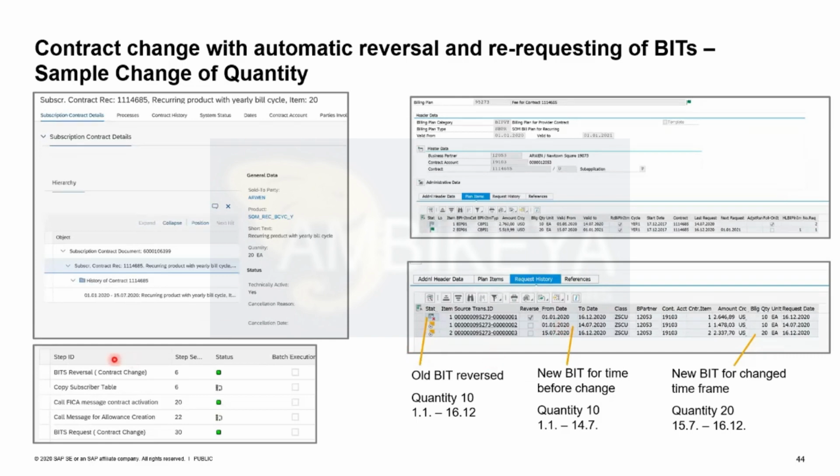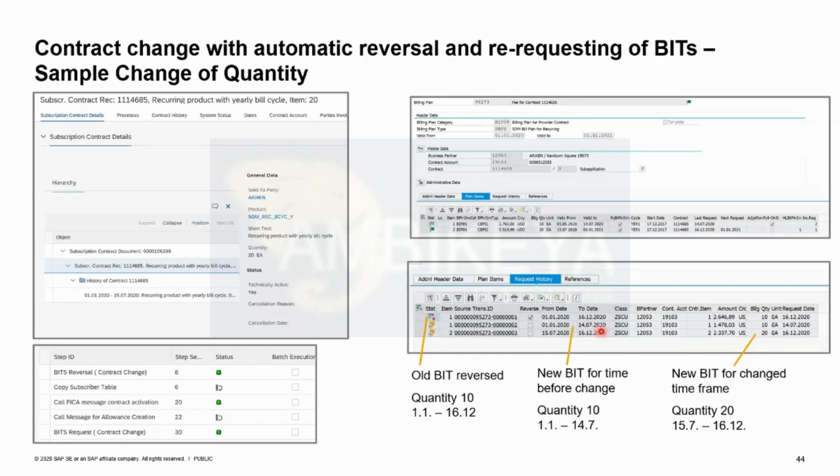How it works: when a change is requested on a contract, the old bill plan item will be delimited until the end of the change, and a new bill plan item gets created. The old bit that was requested is reversed, and a new bit with reference to the first bill plan item is created until the 14th.